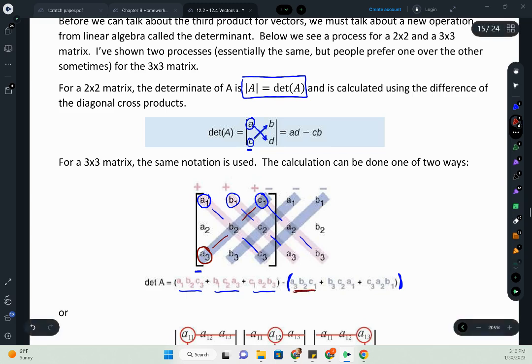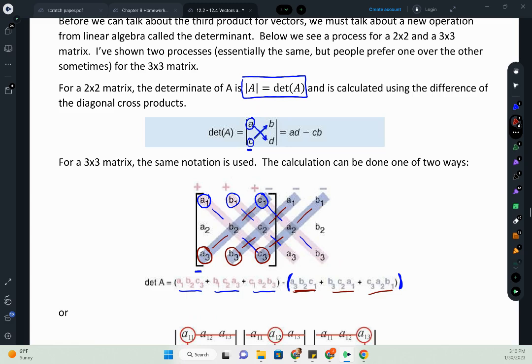That's this first product. Then I go to B3, move over one to the right, and get another diagonal product, B3 times C2 times A1. And then finally, I start at C3 and go in my diagonal: C3 times A2 times B1. There's my third product. Now that all has to be in parentheses because we have to subtract all of it.